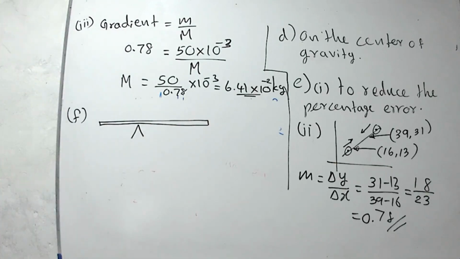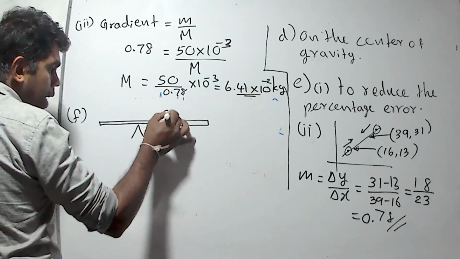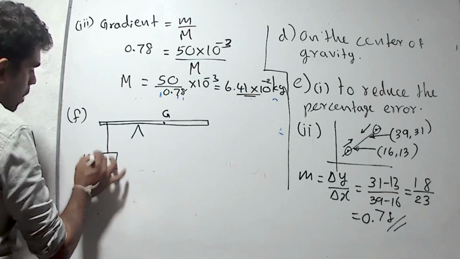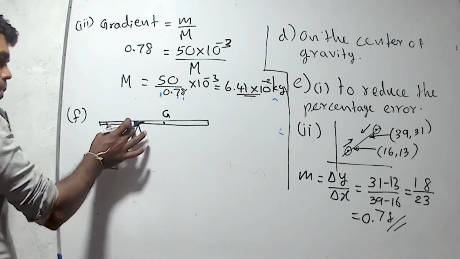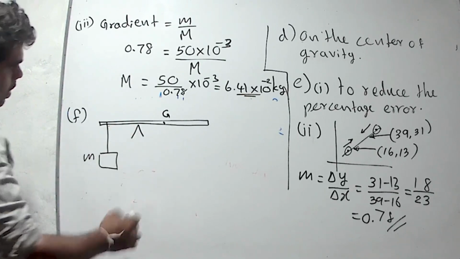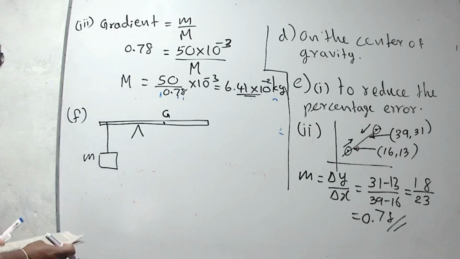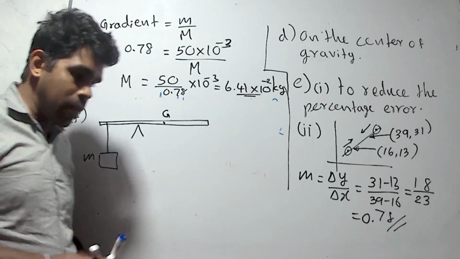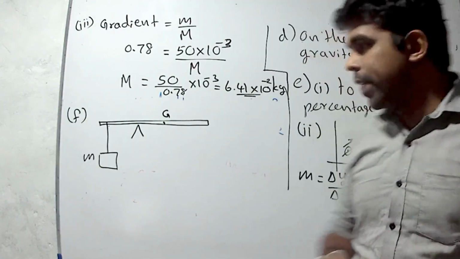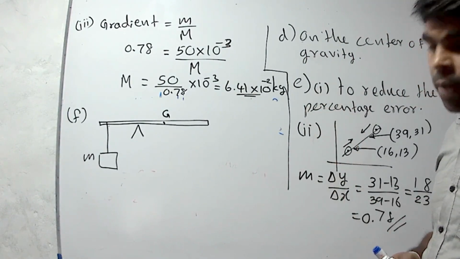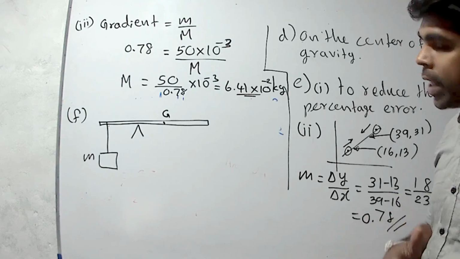It is not the center of gravity. Now the center of gravity is on this side. Now we have to balance the meter ruler using the given simple m mass. Then we can measure this length from the pivot point to this weight, and we can calculate the distance to the center of gravity using it. They have not asked us to calculate the mass of the meter ruler. Therefore, we can draw only the diagram.